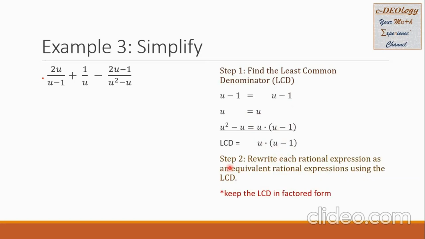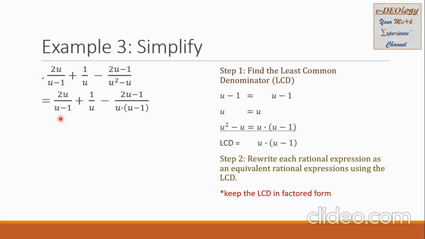We will go now to step 2, rewrite each rational expression as an equivalent rational expression using the LCD. So let us keep the LCD in factored form. Going to our problem here, let us rewrite it first in such a way that the denominators are in factored form.